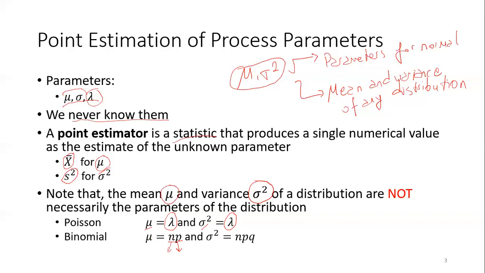So the mu of the binomial is equal to n times p. In fact, n and p are the parameters of the binomial distribution, and its variance sigma square is equal to n times p times q. And q, recall, is just 1 minus p.